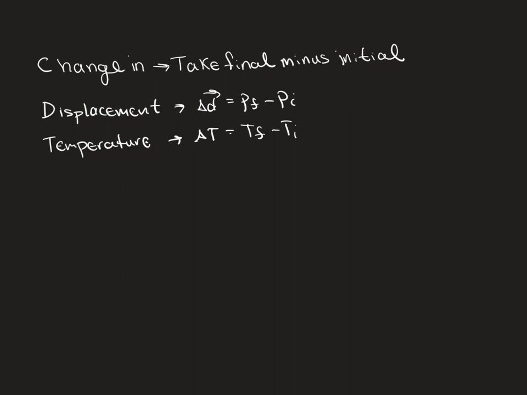So when we talk about the change in something, we're just looking at a final and an initial value and subtracting them. Now, when we start talking about the rate of change, we start looking at what is actually causing this final and initial position to be different. The rate of change is the change in something divided by the change in time. The numerator is going to depend upon what you're trying to find the rate of change of.